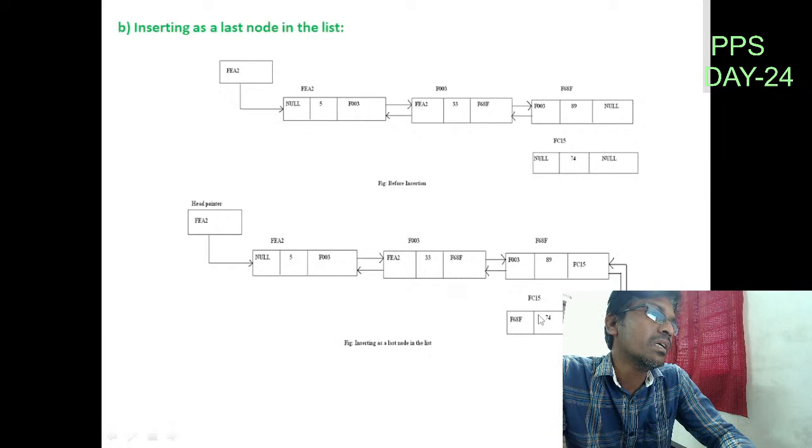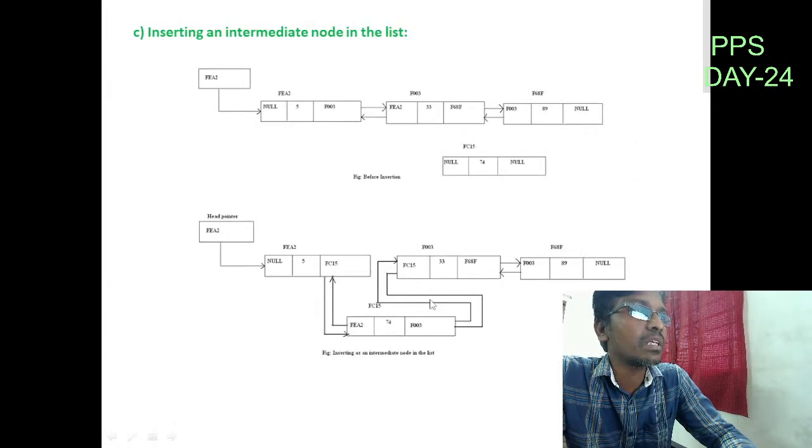Similarly, for the newly created node, the address of the third node will be stored as its previous. So the third node's address will be stored in the fourth node, and the fourth node's address will be stored in the third node. Like that we are going to perform inserting at the first position, at the last position, or at a middle position.